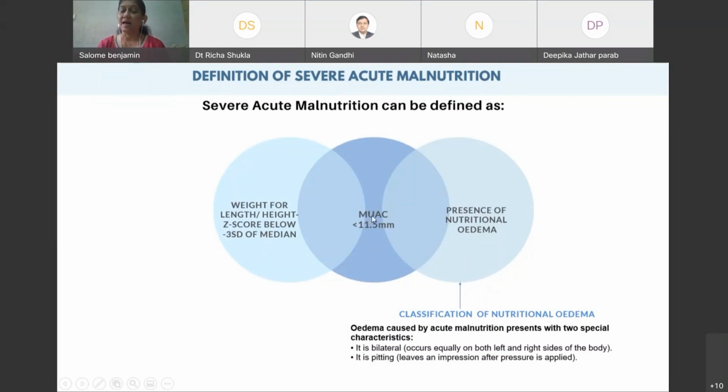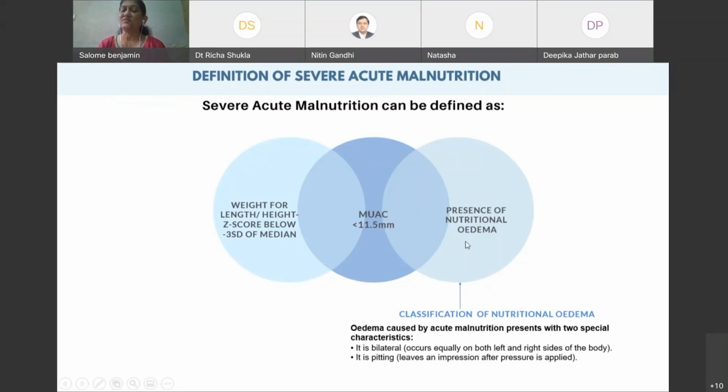MUAC, that is mid upper arm circumference, is an independent indicator, or say differentiator, between SAM and MAM. Less than 11.5, measured on a Shakir's tape or any other unstretchable tape, you can identify SAM.